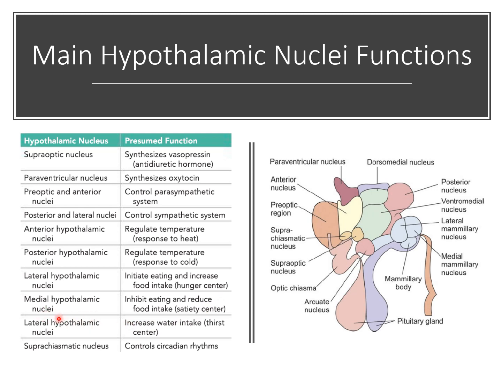Medial hypothalamic nuclei inhibit eating and reduce food intake by satiety center, and lateral hypothalamic nuclei increase water intake by stimulating thirst center. Suprachiasmatic nucleus controls circadian rhythm.